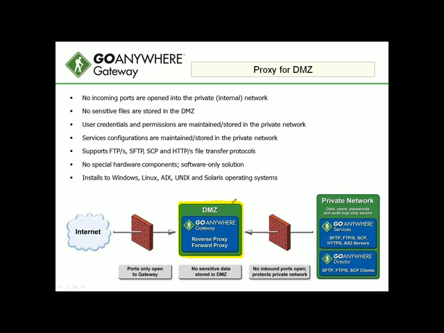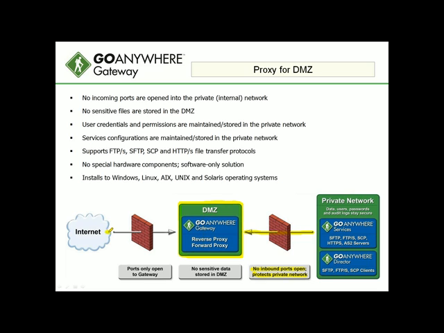But with our enhanced proxy service in the gateway, you do not need to open up inbound ports, because at startup time, a control channel is opened from GoAnywhere Services out to Gateway. It's a command control channel that stays live throughout the life of the products as they're running.